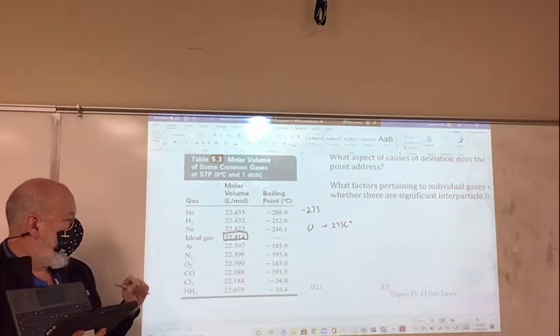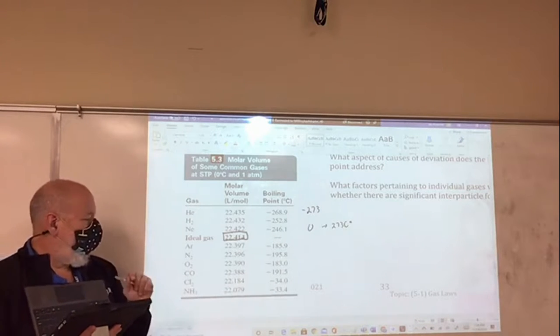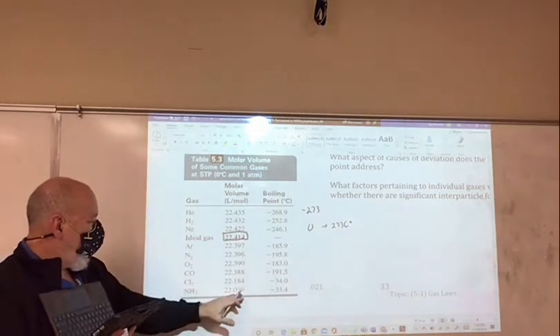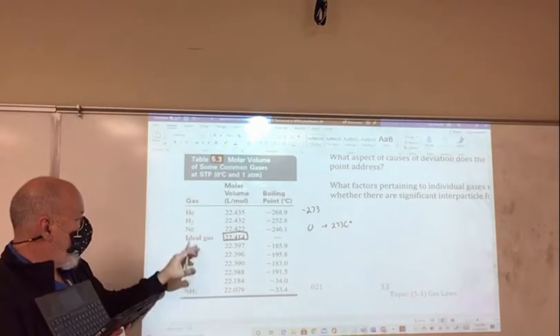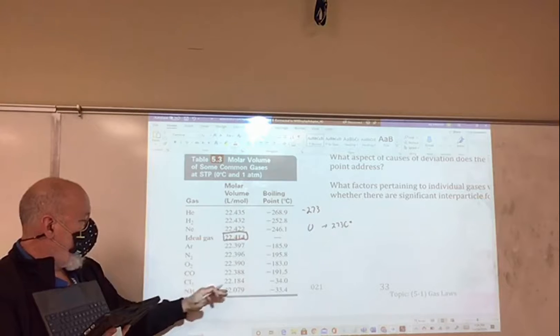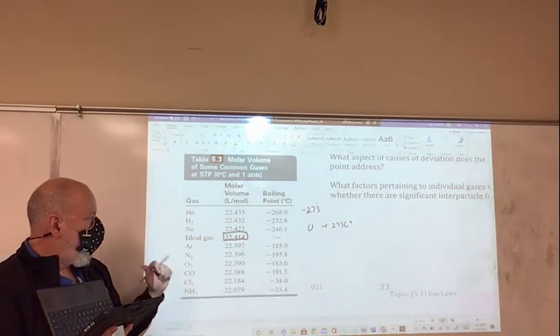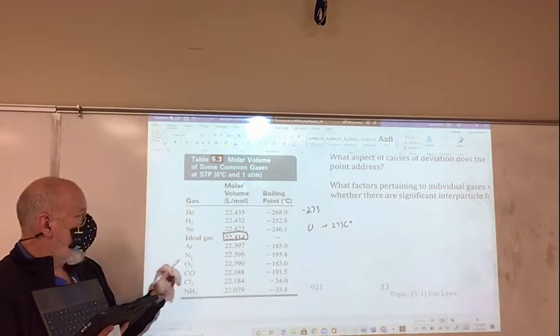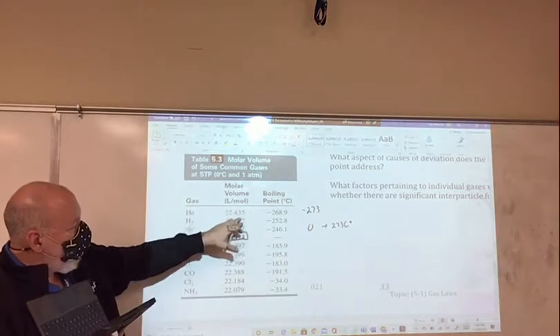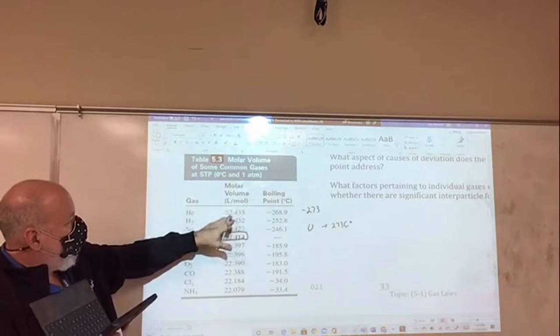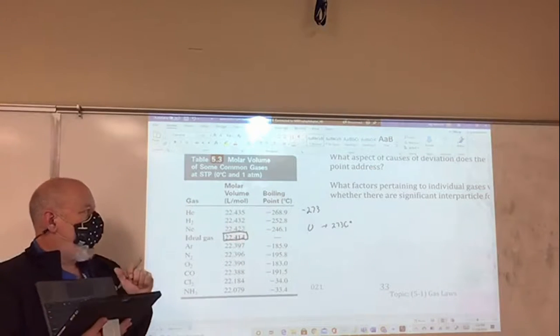So the greater the interparticle forces between these particles, the less the molar volume. The weaker these interparticle forces are, the greater the molar volume.